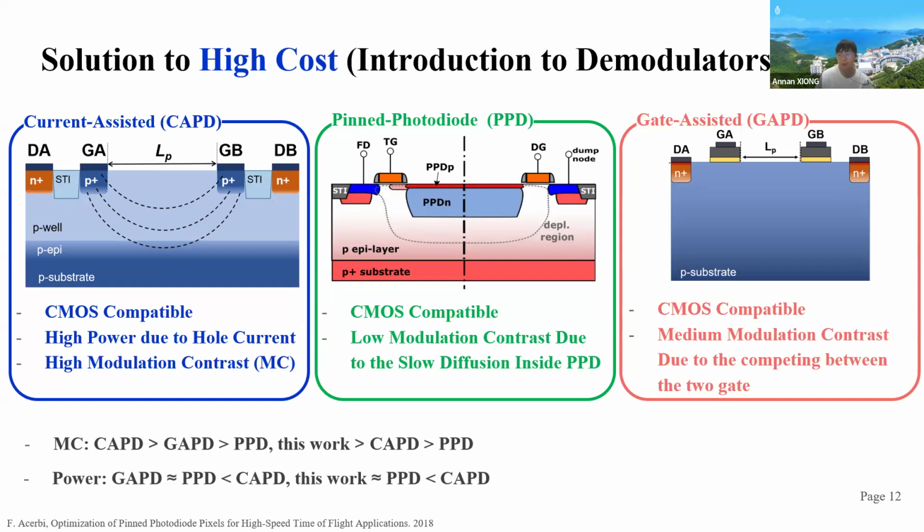It has medium modulation contrast due to the competition between the two gates GA and GB. Normally, the MC of CAPD is larger than GAPD, and GAPD is larger than PPD. And for power, the GAPD is barely equal to PPD and smaller than CAPD. In our work, we want to propose a design that has a larger modulation contrast compared to CAPD and PPD, while maintaining small power.